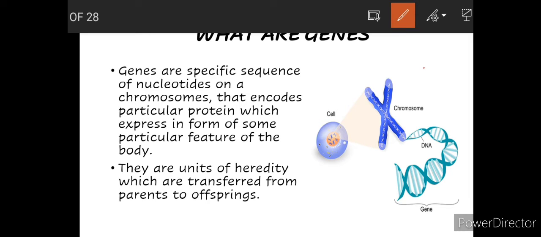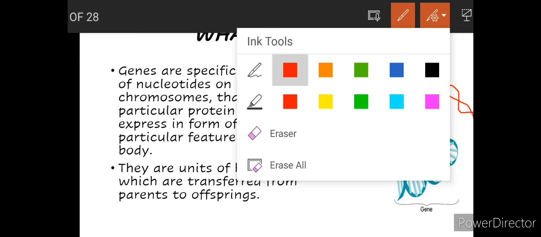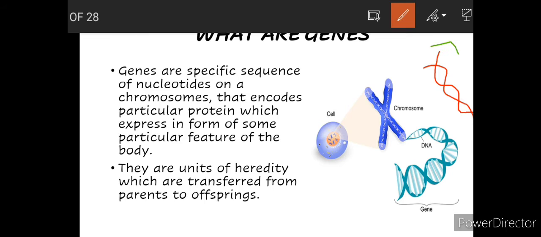This is DNA. This part of DNA will encode some features. Like if I have to make a building, I will need a map of it.